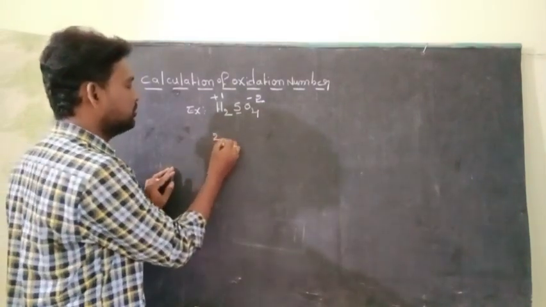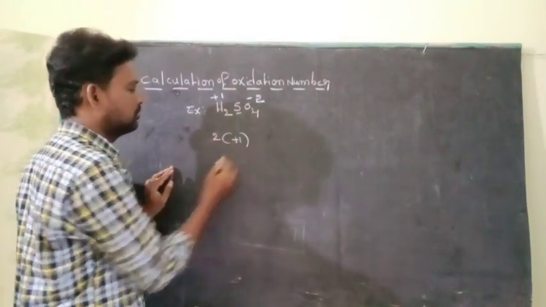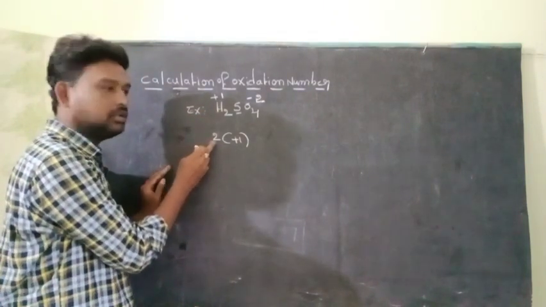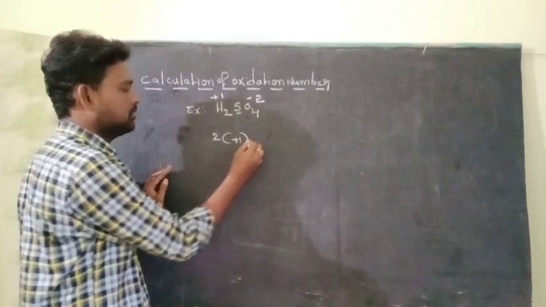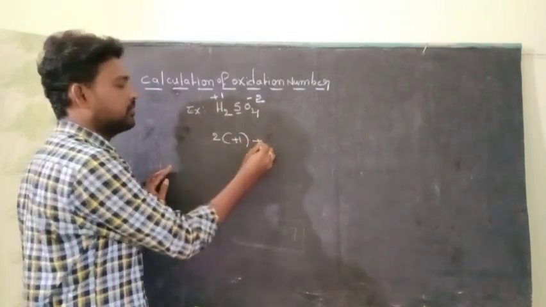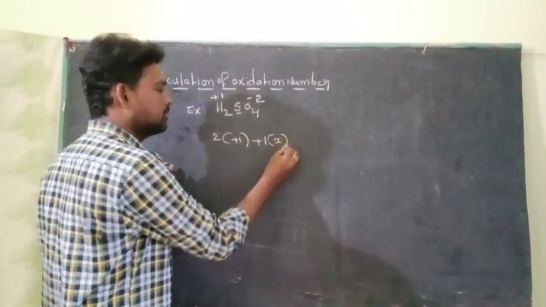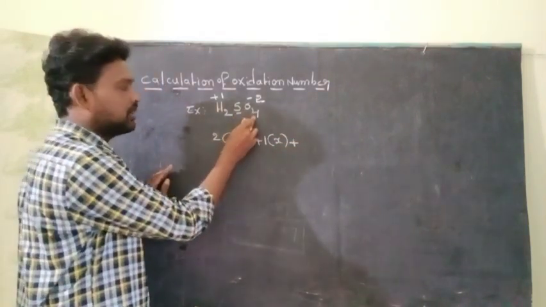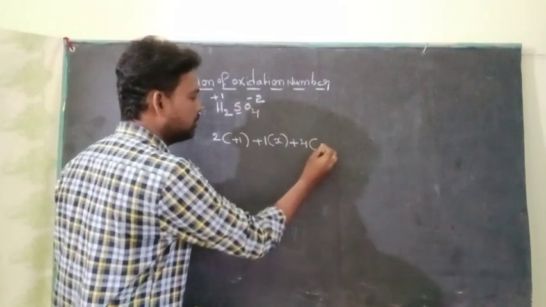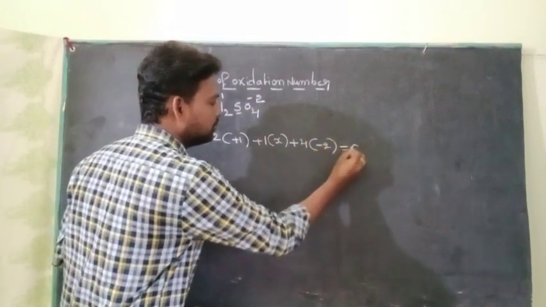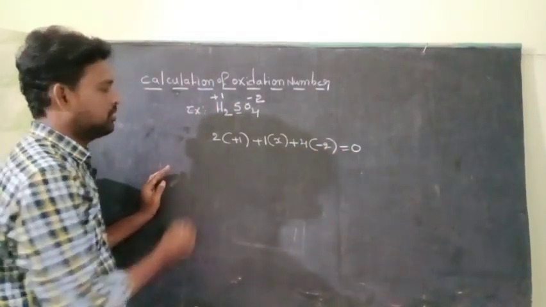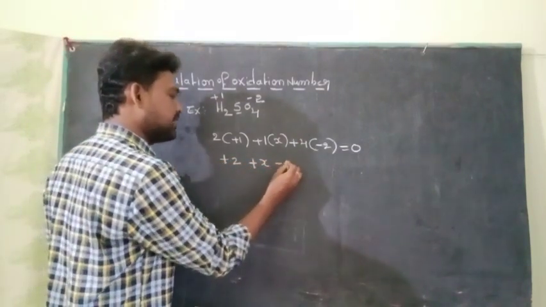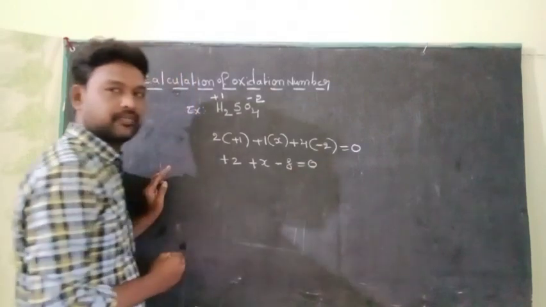So 2 into plus 1, because 2 hydrogen atoms are there. So 2 into plus 1 oxidation number, plus 1 sulfur atom, so 1 into X, plus the number of oxygen atoms, which is 4, 4 into -2, equal to 0. So plus 2 plus X minus 8 equal to 0.